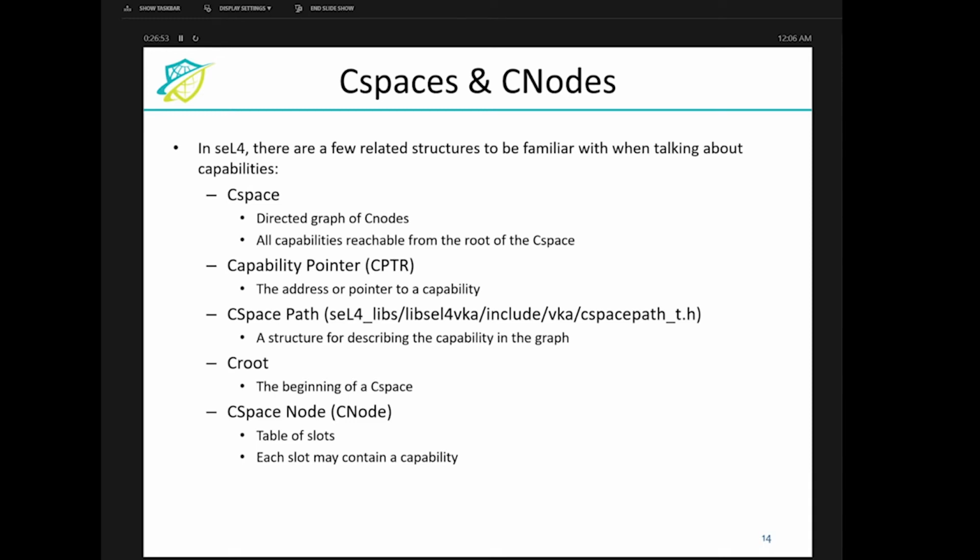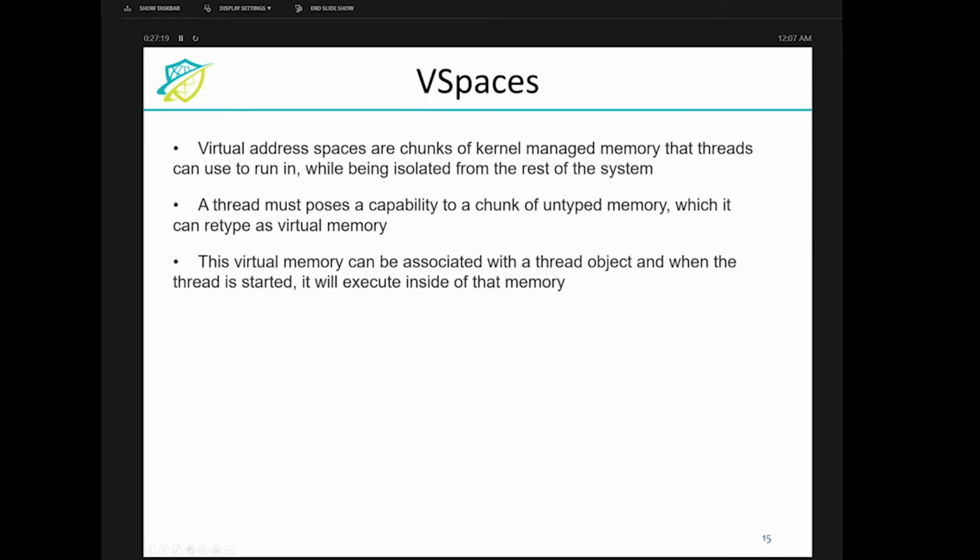And then there is CRoot, which is the beginning of the CSpace, which comes from the root thread in seL4, which we'll talk about in a few minutes. And then the final one is a CSpace node, a CNode, which is a table of different capabilities.